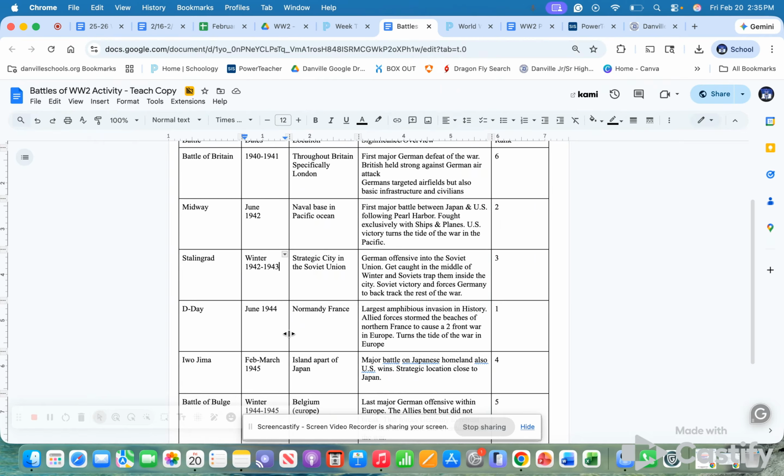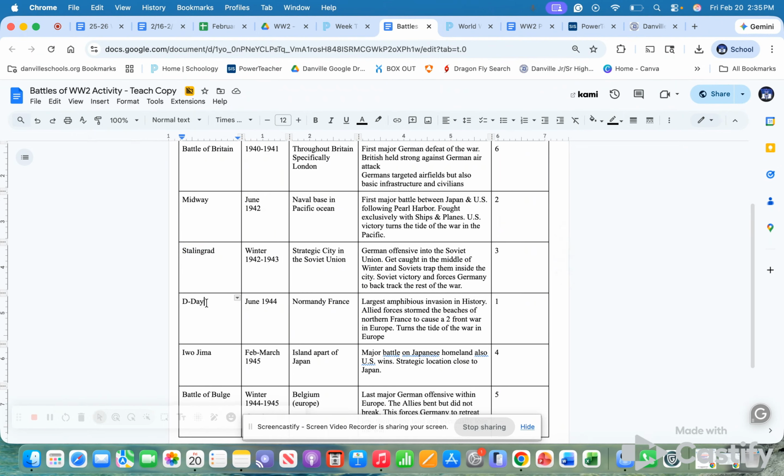And Hitler had a very strategic plan for this battle specifically because the name Stalin was in the city. That's the only reason he wanted to go to the city, because it had the name of the Soviet leader Joseph Stalin in it. If he attacked Moscow instead, we could be talking about a different result in the war.